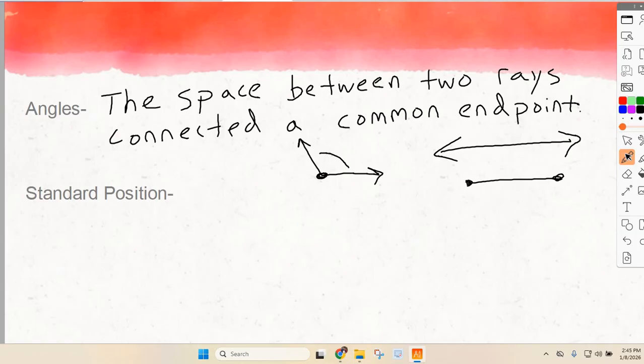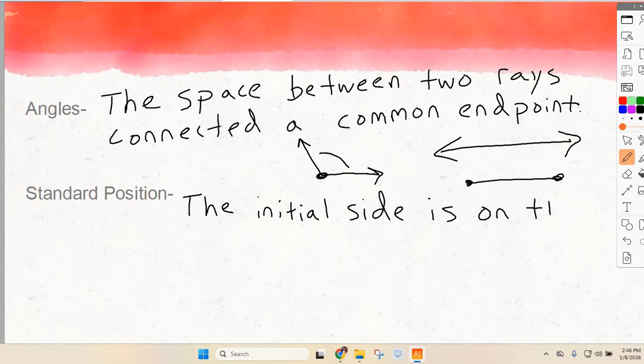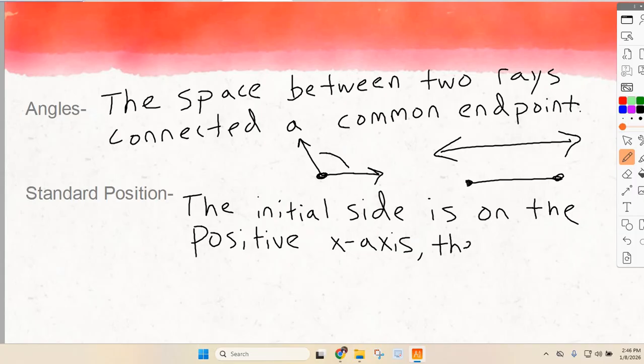Standard position is where the initial side is on the positive x-axis. The vertex, or the point that they connect at, is at the origin.